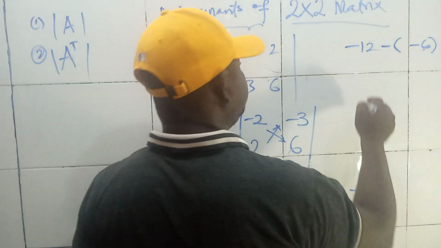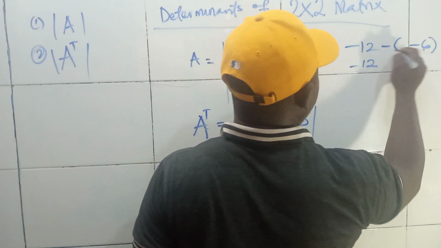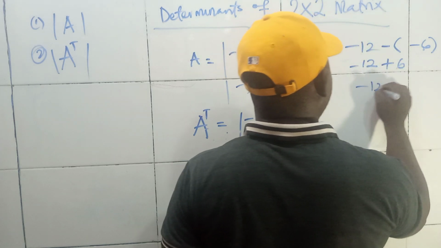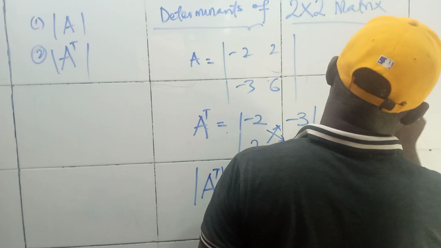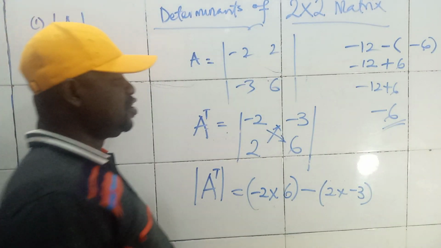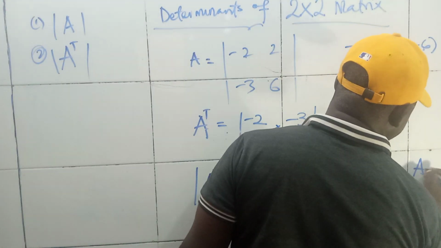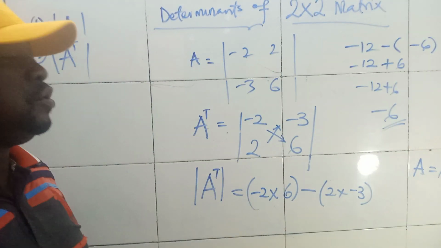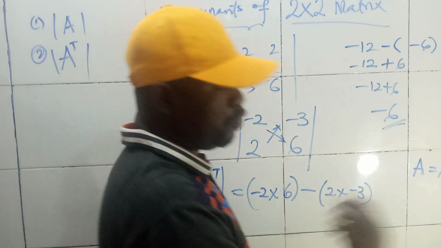So you're going to have minus 12, minus times minus, that's plus 6. So minus 12 plus 6, that's minus 6. So you remember the other time we got minus 6. So it means that matrix A is equal to its transpose.